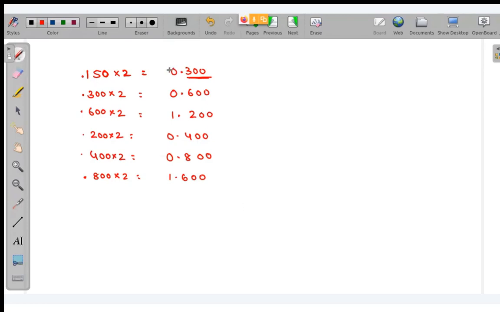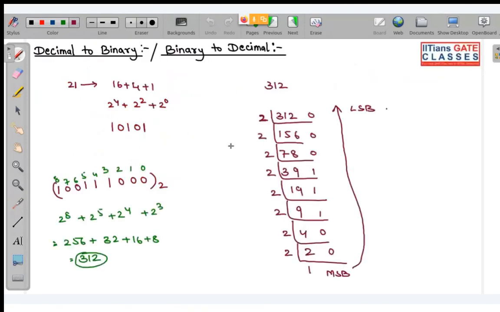And when you want to write the number 0.150 in binary, so this is in decimal; to write it in binary, the first point will be your MSB and the last will be your LSB. So here if you write, this will be 0010001, and this will keep on going until it terminates. Any doubts in this, how to convert numbers? This is very simple. Decimal to binary, binary to decimal, we all know this. There is nothing here to understand.